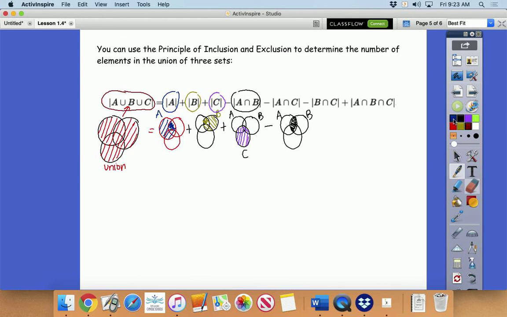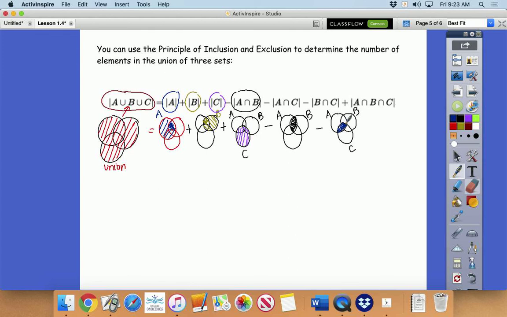So now we're going to have to subtract from that A intersecting with C, the intersection between A and C. So if we have 3 circles overlapping, what that means is we are subtracting A intersecting C would be right here. All that.